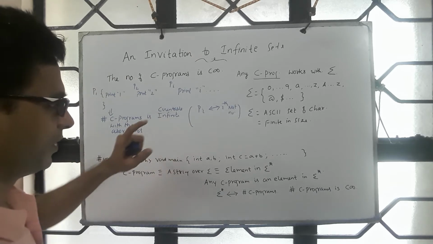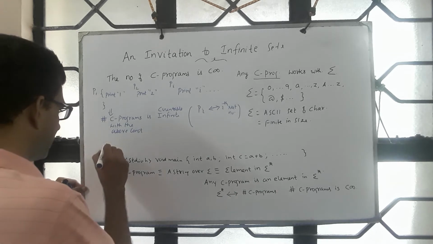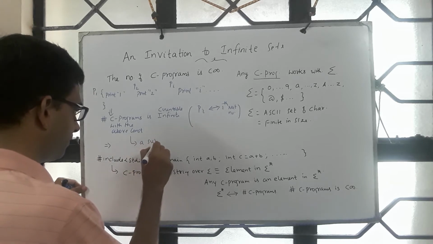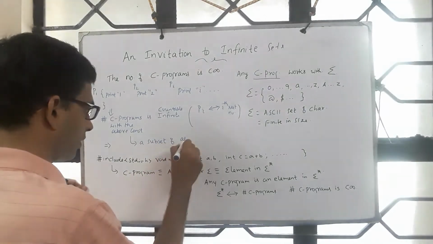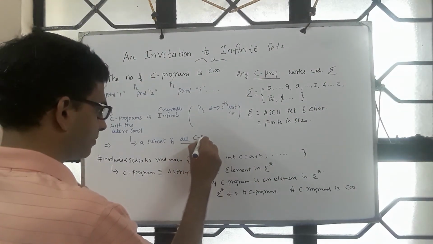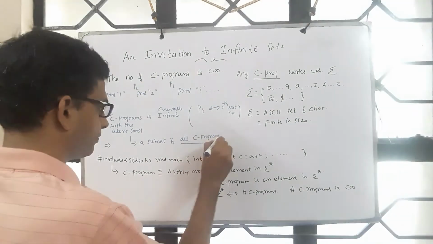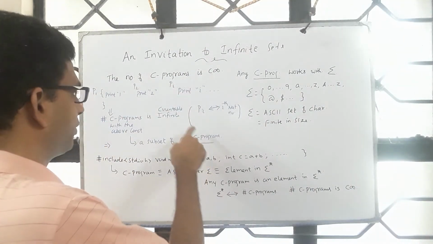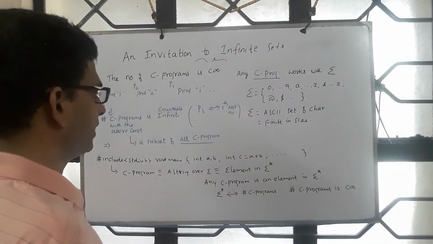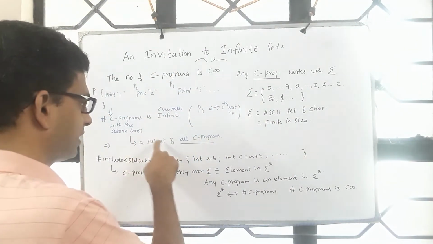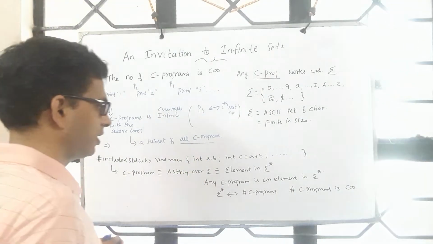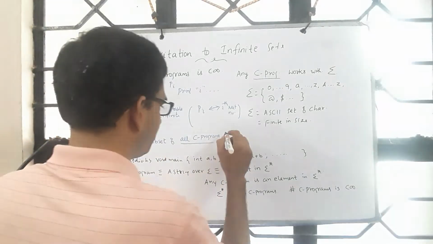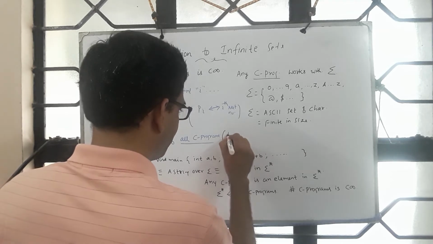In particular, it is infinite, which means this is a subset of all C programs. Correct? Now, you will have some other C program which has another 10 print statements and so on. So this is a subset of all C programs, and the subset is infinite, so the superset is infinite.